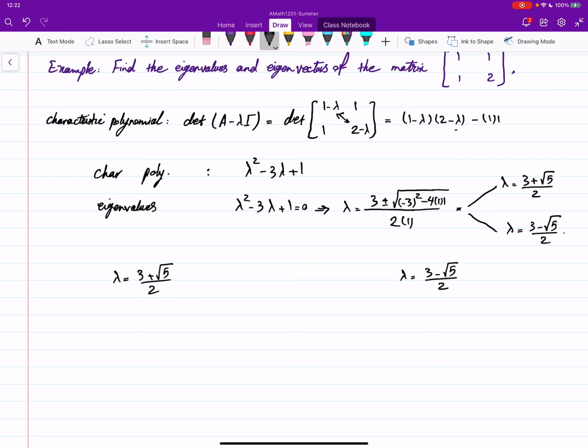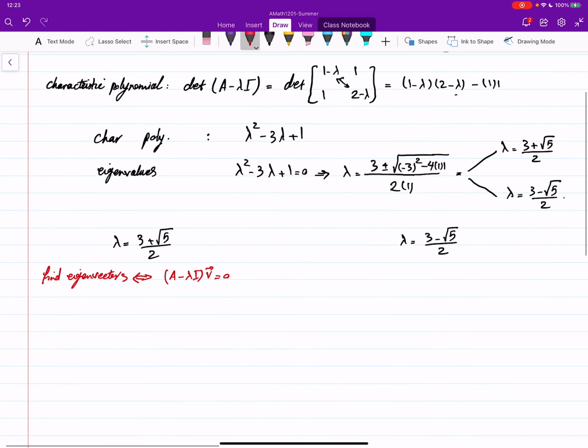Now, we have to go find eigenvectors. So the next step is to find eigenvectors, which is equivalent to saying find v such that A minus lambda I times v equals 0.